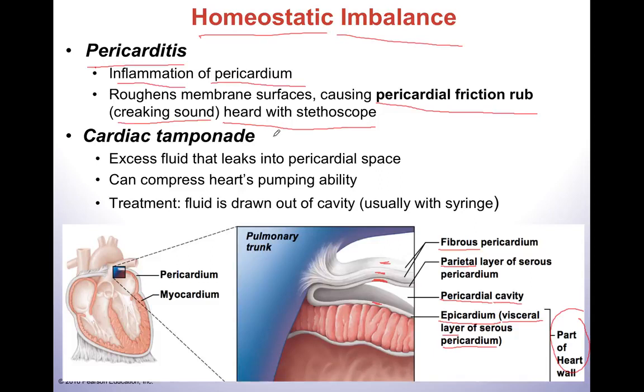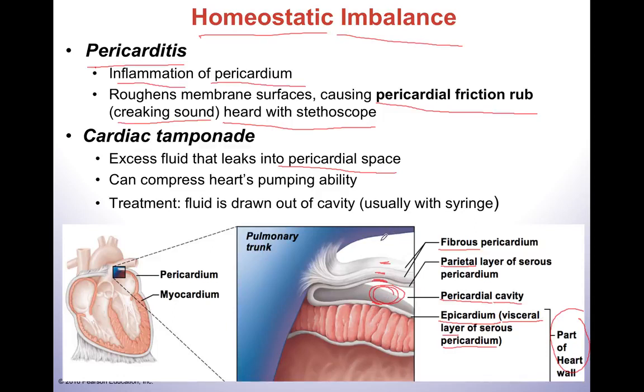The other thing is when you have excess fluid present within the pericardial space. So the space we represented here, this is the space. We have fluid that is essential for limiting the friction as the heart beats.